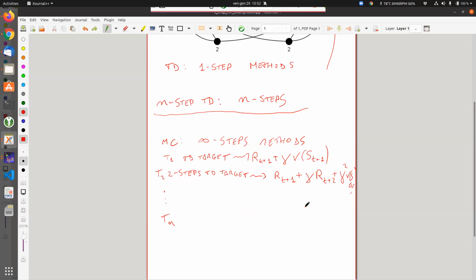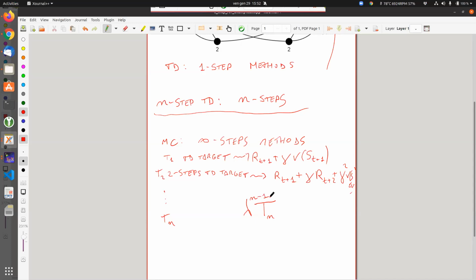The best method you can use in this sense is a method weighting the return Tn by a new parameter lambda to the power of n, n minus 1, I think.